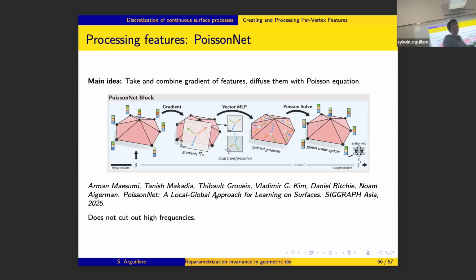And then you solve the Poisson equation to get back to a per vertex feature. What the paper says is that just solving the Poisson equation is much faster than computing the first 128 frequencies, at least if you only solve it a few times, and you don't cut out high frequencies when you do this.